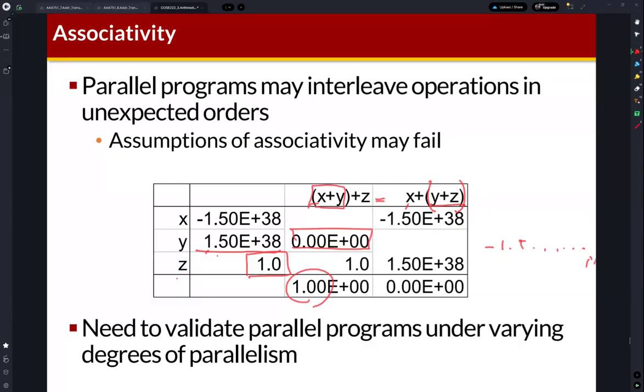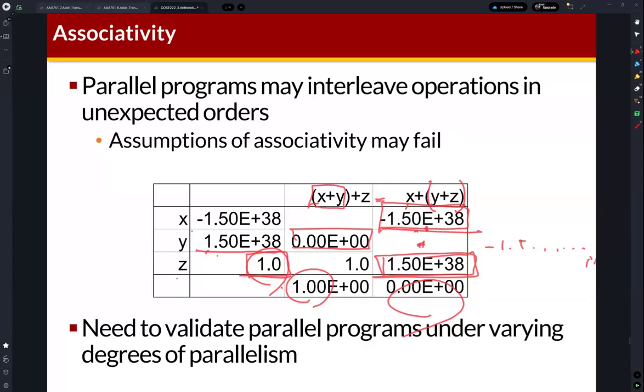So the result becomes this, and then plus the large number x, it becomes 0. So the result can be different because the floating point number cannot represent the whole range of precisions.